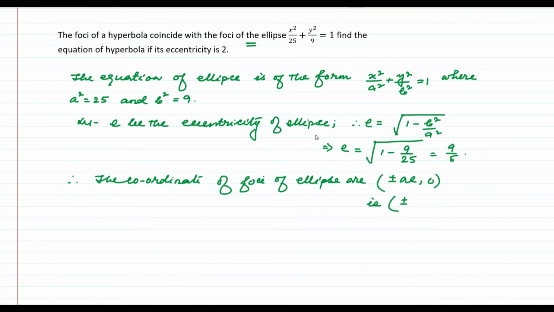Here a we have already got as 5, e is 4 by 5, comma 0. That is, we are getting plus minus 4 comma 0.